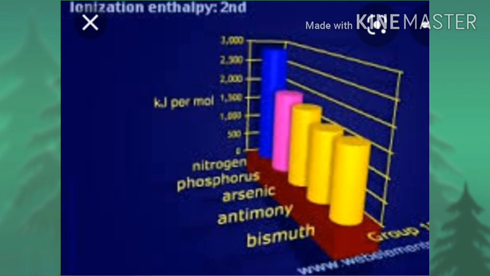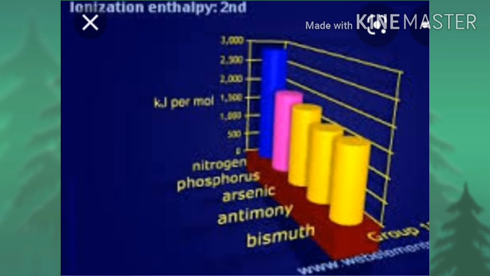In the picture, group 15 is given, and as you move from top to bottom, the ionization energy decreases. From the 15th to 18th group, the ionization energy decreases as we move down the group, because the poor shielding effect of d and f electrons is overcome by the increased shielding effect of the additional p electrons.